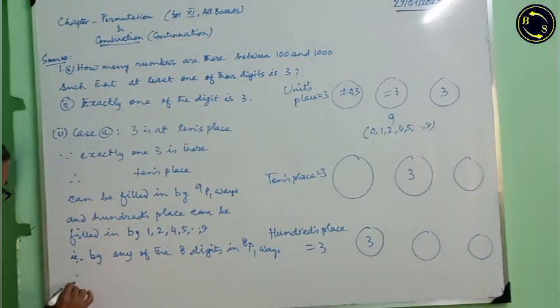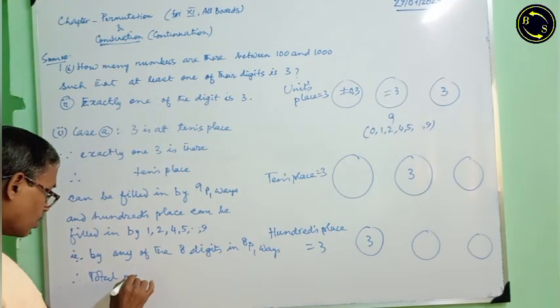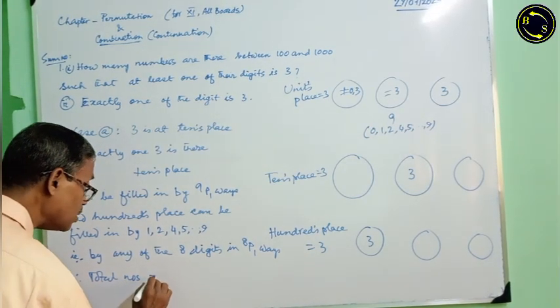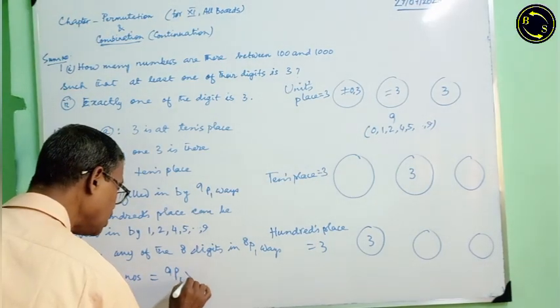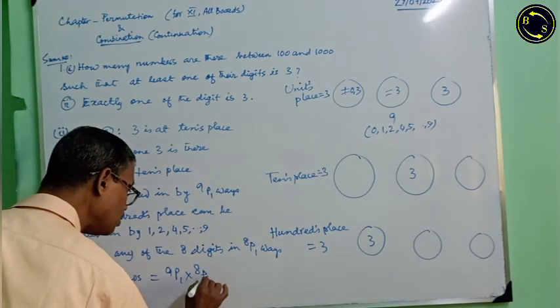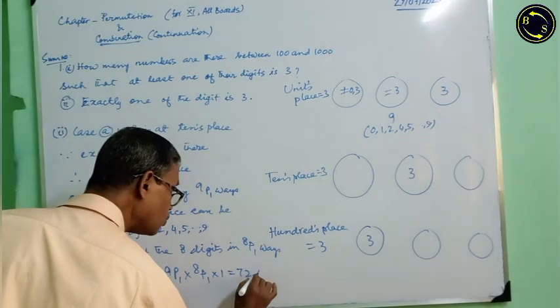Therefore, total numbers is equal to 9p1 into 8p1, which is 72.